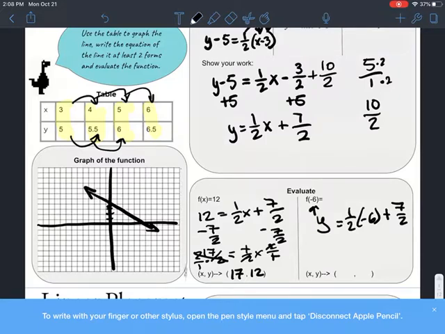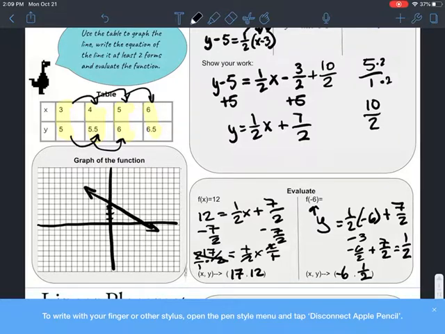That's just y. We're solving for y right now. So 1/2 of negative 6 is negative 3. Negative 3 is the same as negative 6 over 2, which you could have just left like that when you multiplied the fractions, since we're going to add it to 7 over 2, which gives us positive 1/2. So in this case, when x is negative 6, y is positive 1/2.